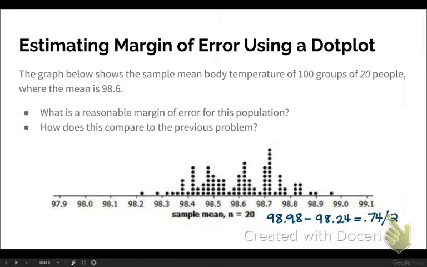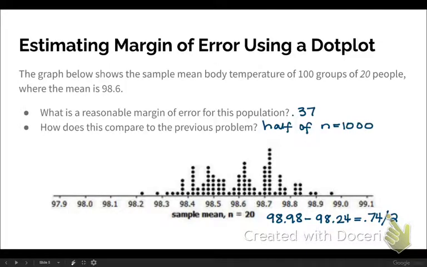Divide by 2, so our margin of error is going to be about 0.37 from the mean. So our previous graph was 0.6 margin of error. This is about half of what we had previously, when we had a group of 1,000 people, and now we have a group of 2,000.